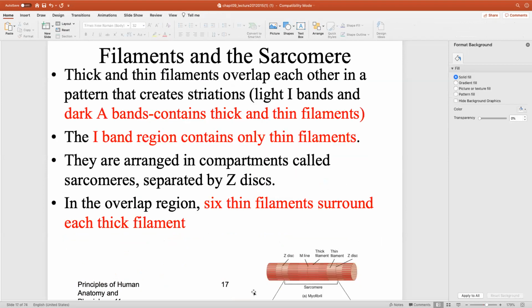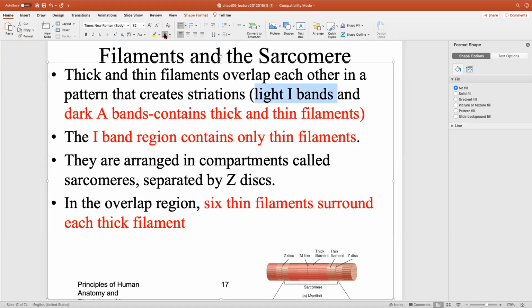All right, now in terms of the proteins right here, we're going to see thick and thin filaments. The meeting point or lack of overlap between thick and thin filaments creates the banding. There are the light I bands, isotropic, and then the darker A bands, anisotropic, right?